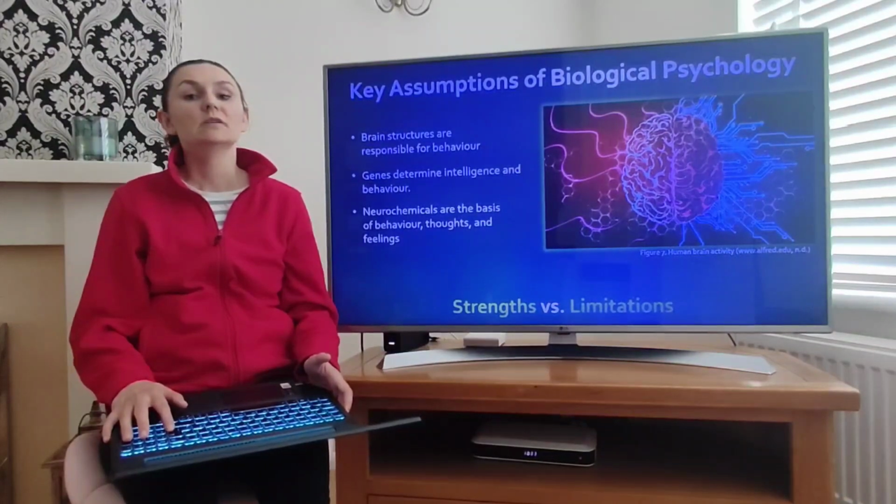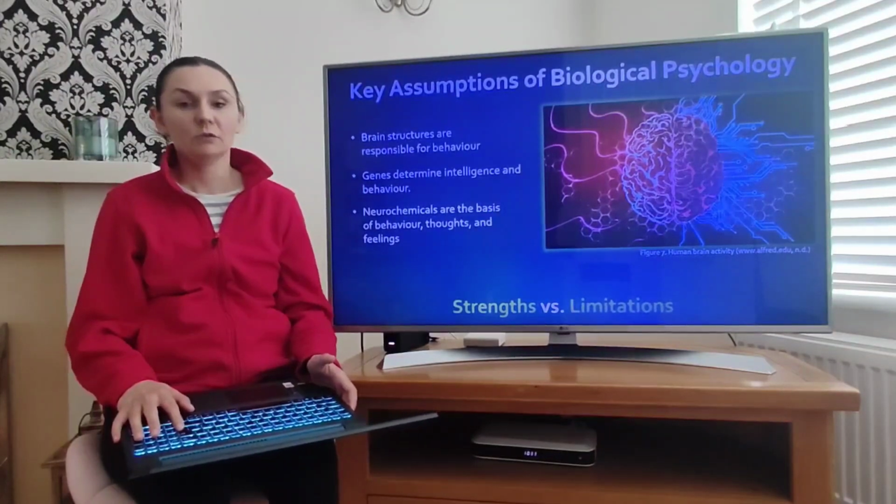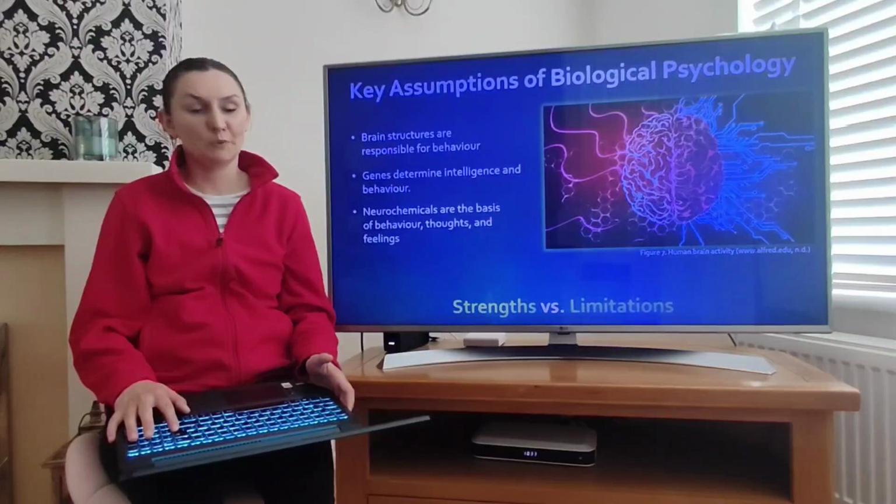Number 2, genes determine the level of intelligence and behavior is inherited from DNA and might highlight the probability of mental disorders. Number 3, neurotransmitters such as dopamine or serotonin are the basis of explaining behavior, thoughts and feelings.